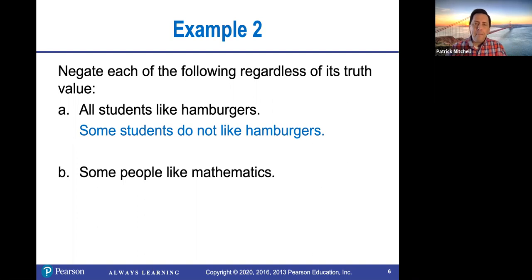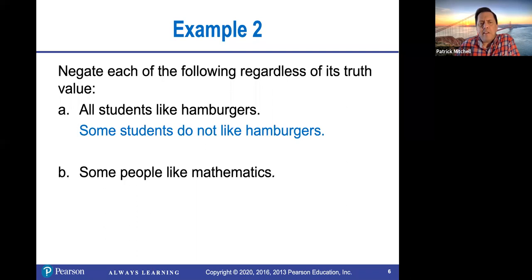All right, some people like mathematics. That's true, right? And so again, the first inclination of a lot of people when they're trying to negate a statement that says some is to say some are not or some do not.